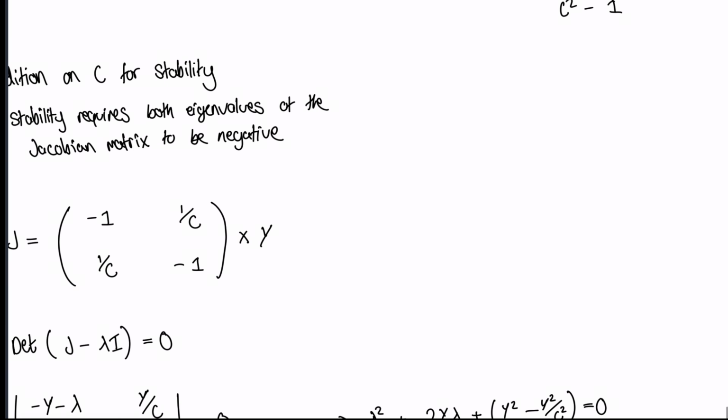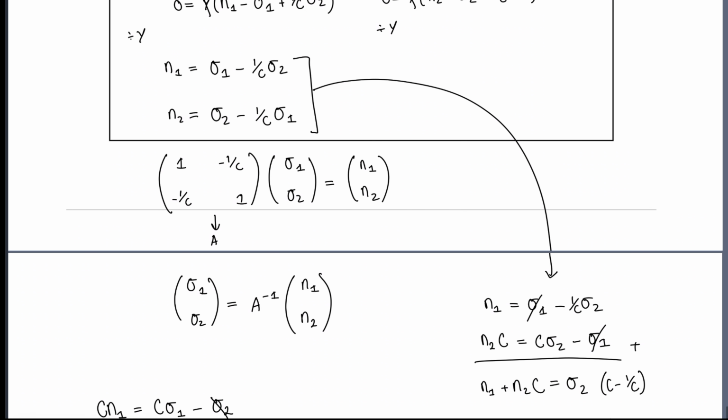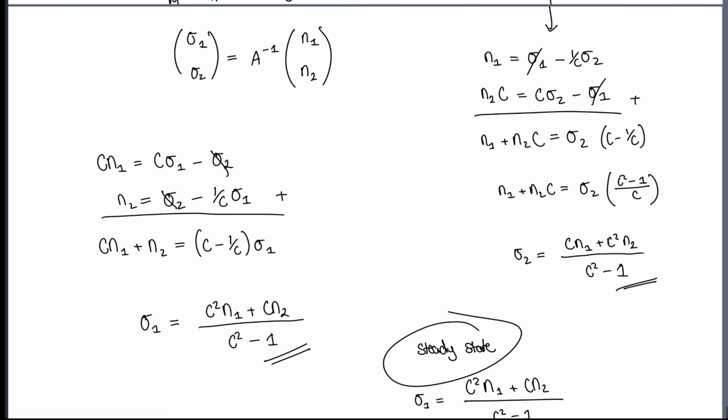That is because if we go back to over here, when we were solving for the steady state, we were essentially doing this matrix A, which is now called M, multiplied by sigma and equating that to eta. So eta is equal to M multiplied by the vector sigma, and this vector sigma gave us the steady state.